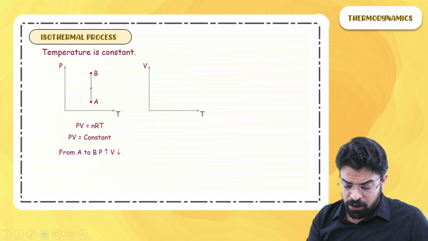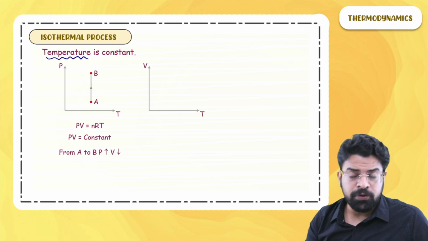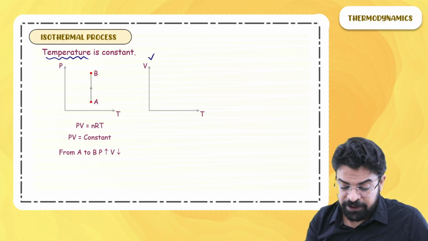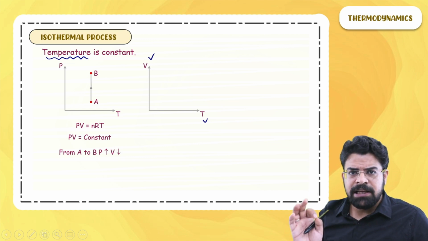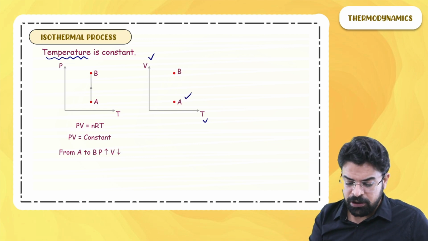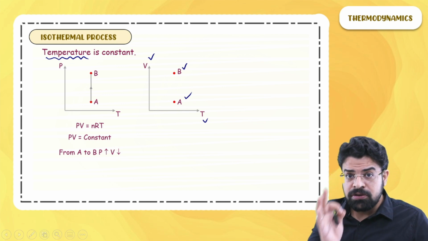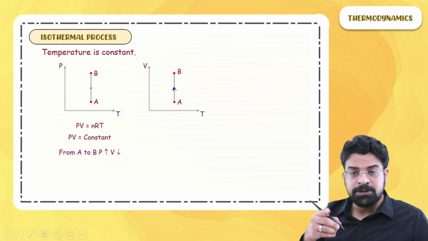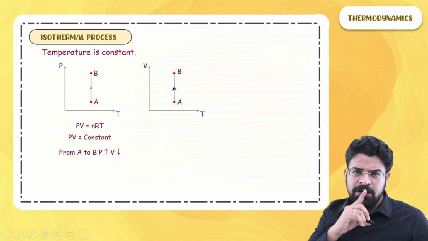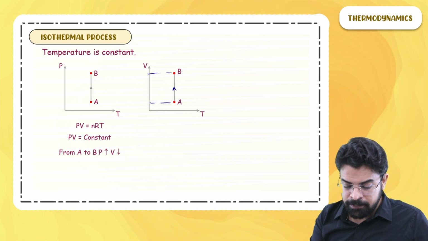Similarly, if you draw an isothermal process on the VT diagram, then again the temperature has to be constant. Let's say you see a process going from A to B, an isothermal process on a VT diagram. What can you say looking at this process? You will say, sir, going from A to B, the volume is increasing.